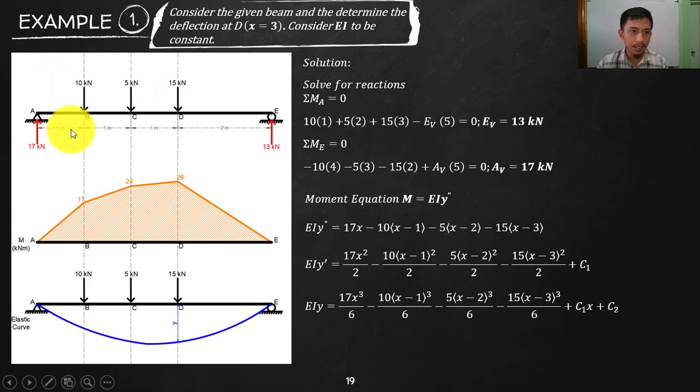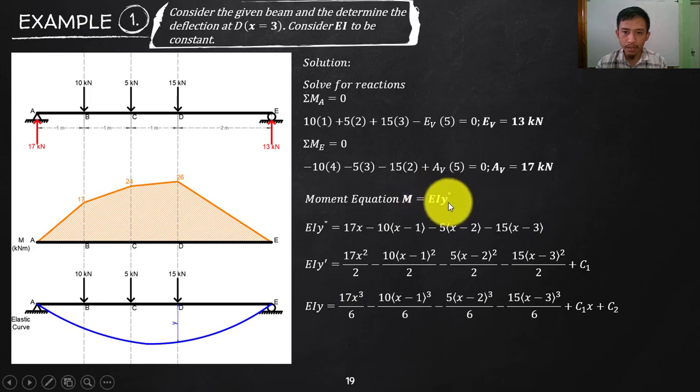So take a moment here that is clockwise, 17 times x, and then I will now move here, that will be included, and that will be counterclockwise, 10 times the moment arm, which is x minus 1. And then move, that will be added, which is counterclockwise again, negative 5 times the moment arm, x minus 2, and then somewhere here, so that everything will be included, will be negative 15, and then x minus 3.